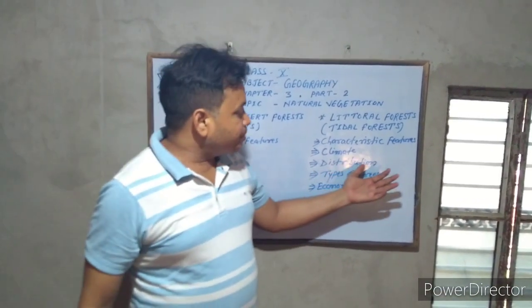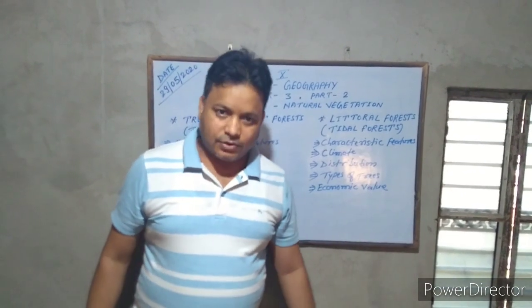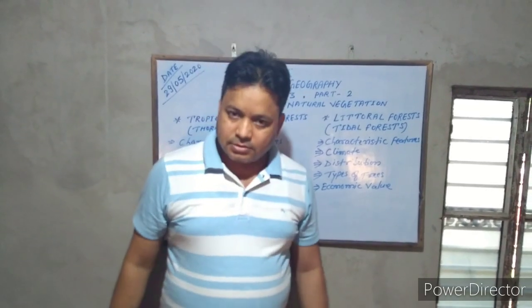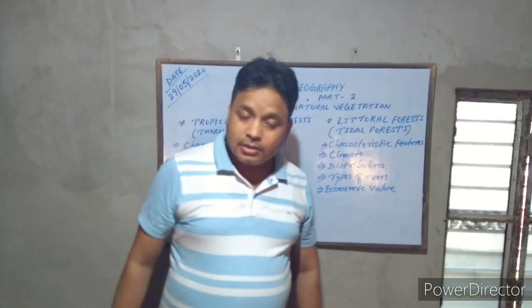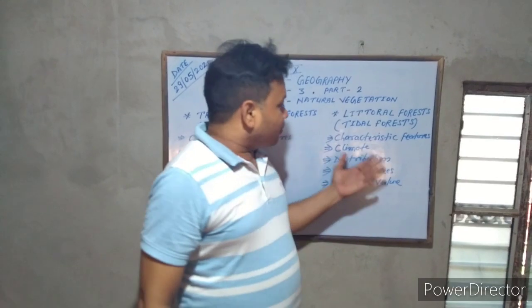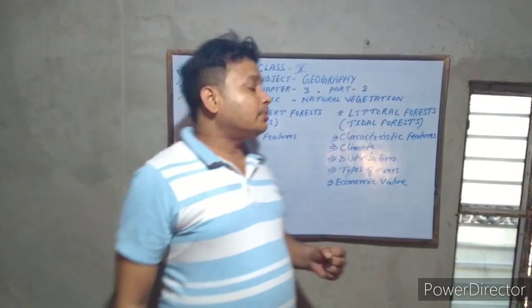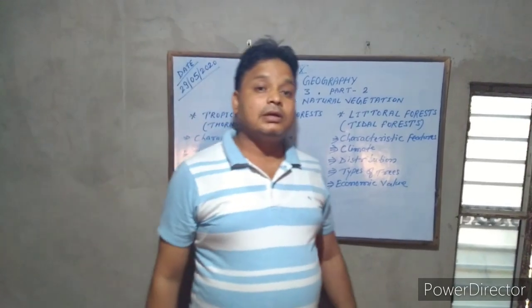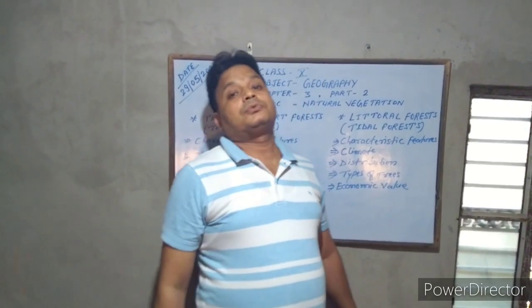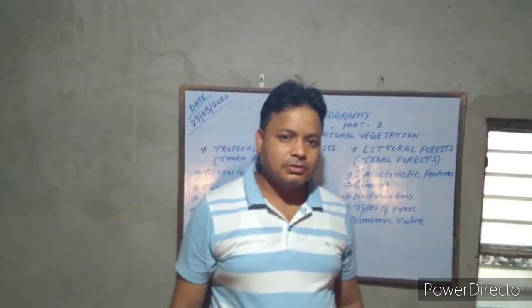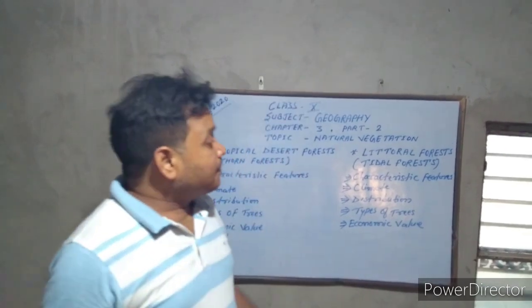Now next, distribution of these trees, where these trees are found. These trees are found in deltaic regions. We talk about Godavari Delta, Mahanadi Delta, and Sundarban Delta.